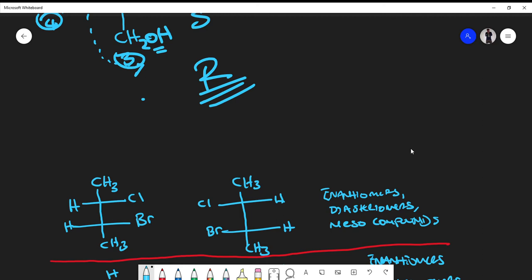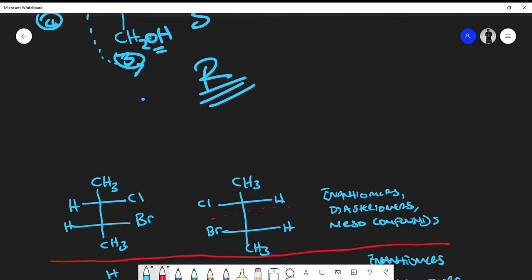If everything is the same on both sides of the plane of symmetry, then those are meso compounds. In this case, obviously, that is not the case, so these cannot be meso compounds. So the idea is, are these enantiomers or diastereomers, because we've eliminated a meso compound.